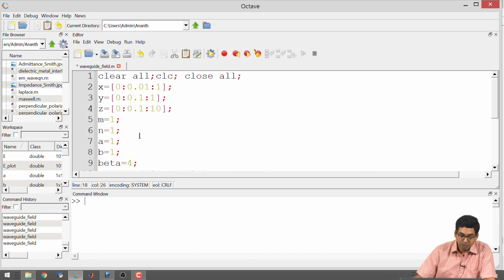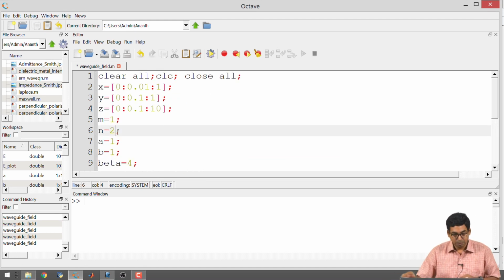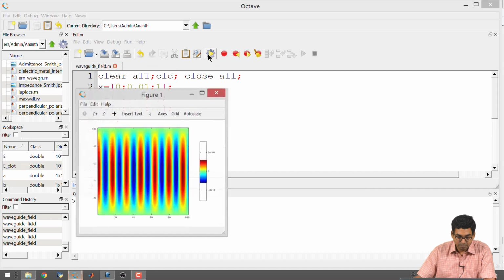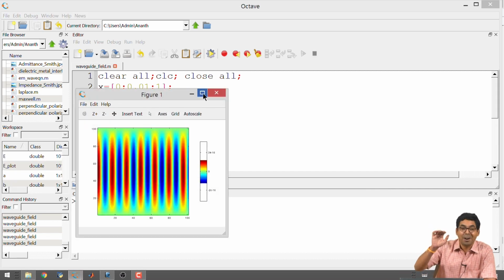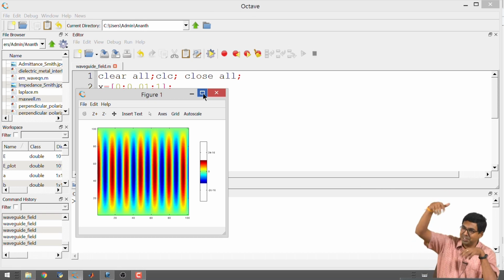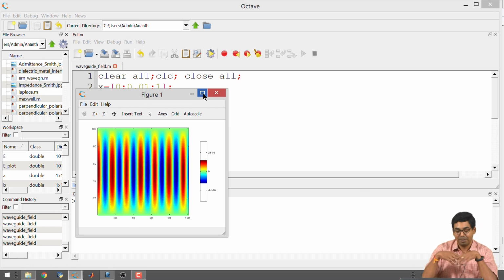Now I am going for n equal to 2. I am able to see clearly that I was not plotting right at the center, because I had 11 elements, and 5 is not exactly the center. I was a little bit away from the center, so it was getting some field from the extension of one of the spots, but now 6 seems to be closer to the center, even though it is an odd number, it does not matter.